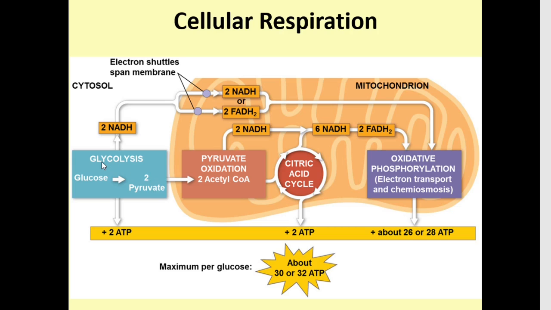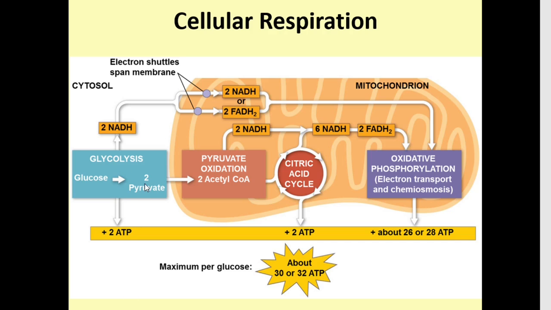But there's an important point to consider next, and that is what happens to the pyruvate. Now, if you remember earlier on, I mentioned that what we are going to be following today is aerobic respiration, so in the presence of oxygen. And oxygen plays an incredibly important role in respiration.